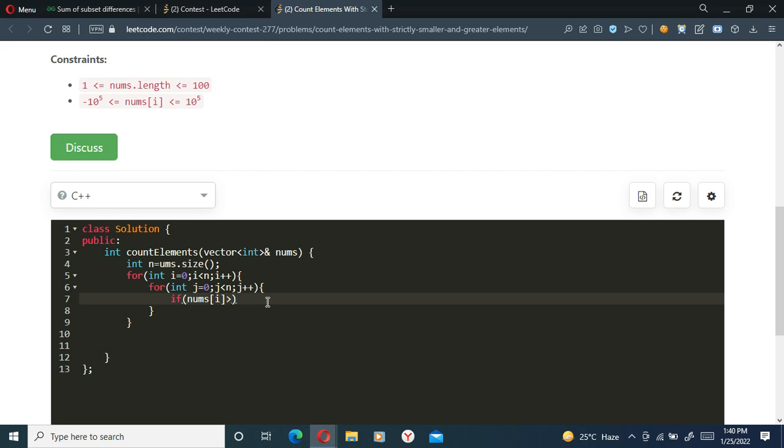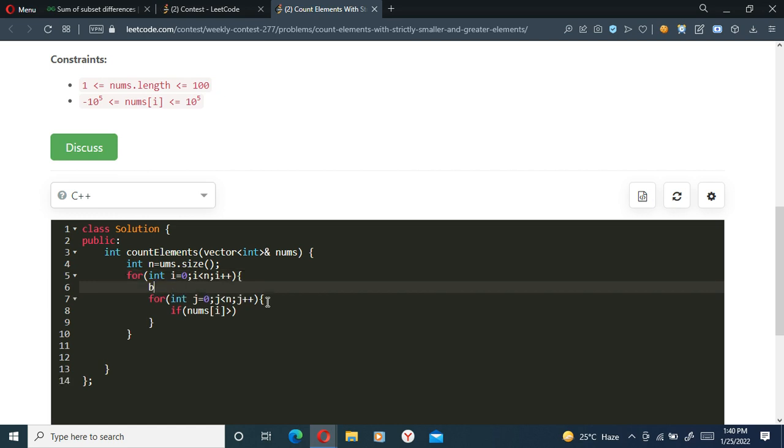If there exists some greater element, let's take a bool flag is equal to, let's say, false. Flag 1 is equal to false and flag 2 is equal to false.